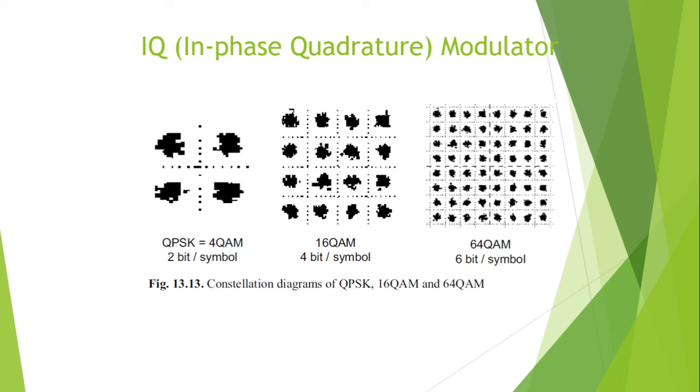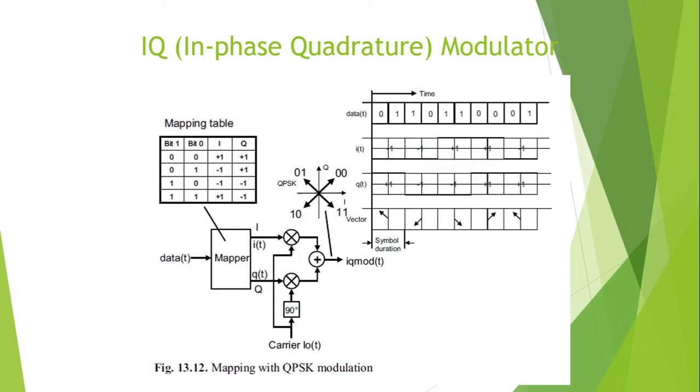The allocation of bits to modulation signals, defining how the bit stream is to be read and converted by the mapper, is merely a matter of definition. It is important that the modulator and demodulator, that is the mapper and the demapper, use the same mapping rule. Look at figure number 12, the previous figure.